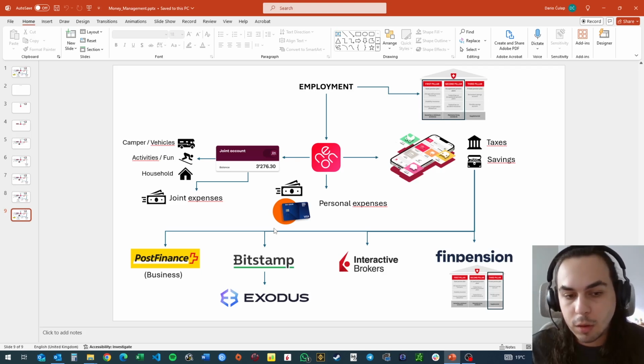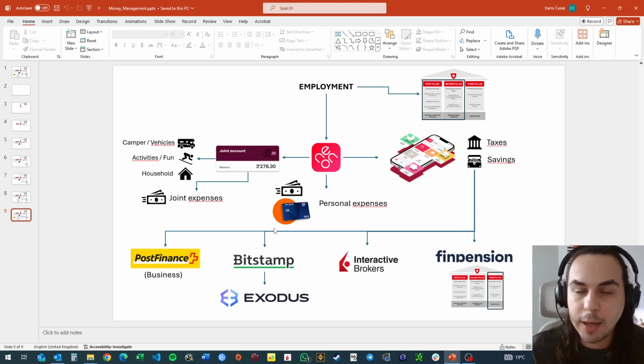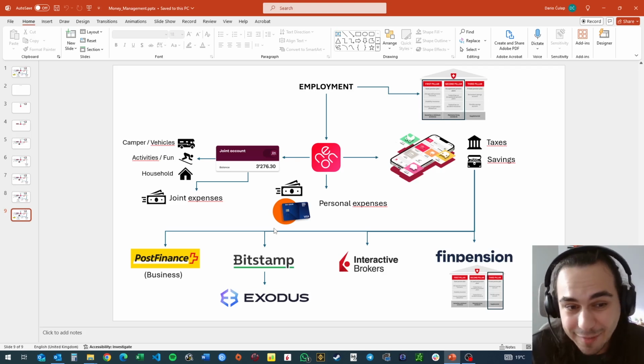The debit card costs 30 francs, but the credit card is free for the first year. But probably we will cancel the credit card because we don't use it. But that's only for the business. From the business, we don't take out any money to pay ourselves. We don't give ourselves a salary because the business just started and doesn't have any money to give, only expenses. But that's basically it.